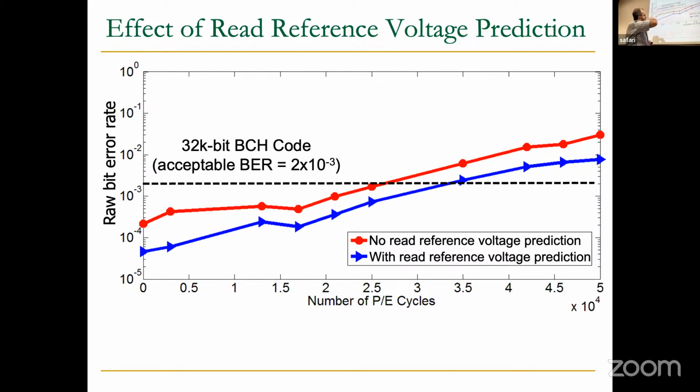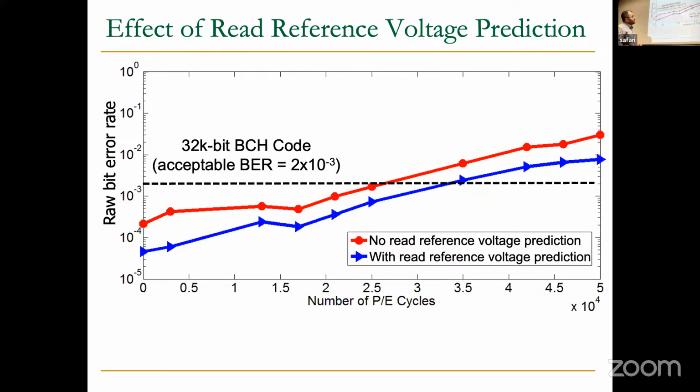Everything lower than this solid line is acceptable, so you can still use your device. If you don't have any read reference voltage prediction, you will have this red curve behavior, and the number of PE cycles that you can tolerate is 2.5 times 10 to the power 4.